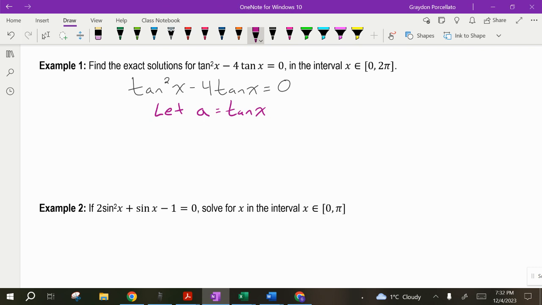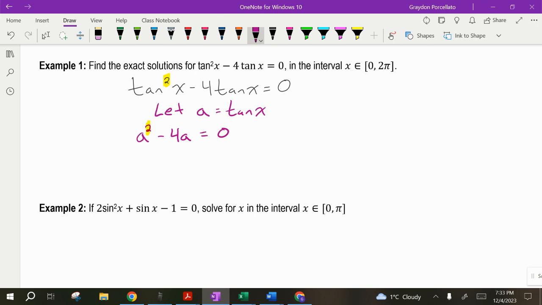So instead of tan squared x, it's going to be a squared, minus 4 instead of tan x, it's going to be a. Noticing here that the square stays on the a. That's very important. Equals 0. Now, this looks like something we've done in the past.